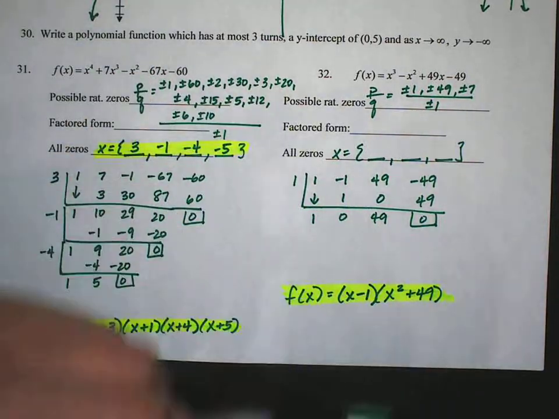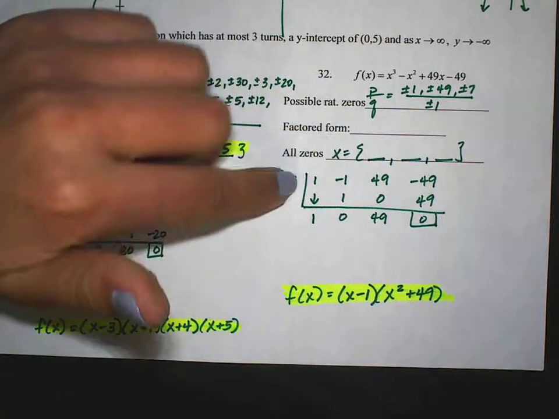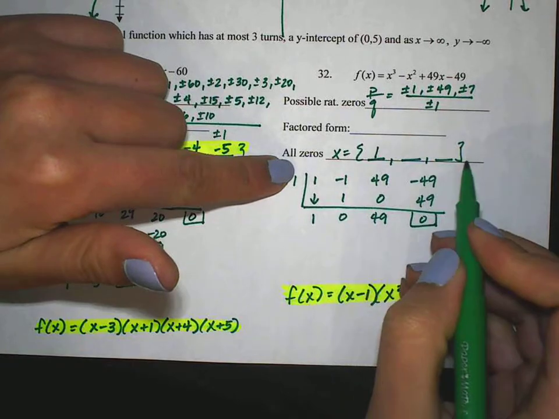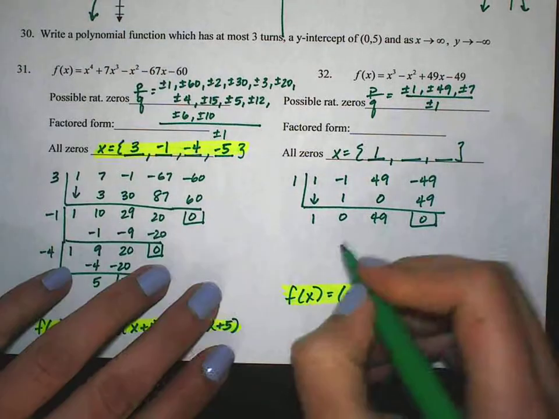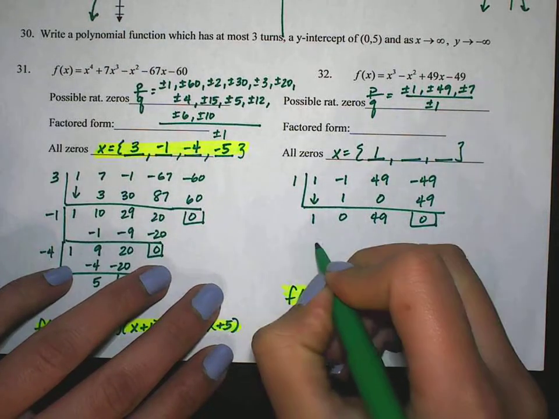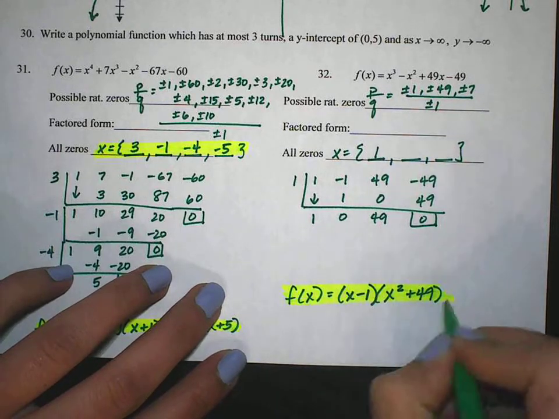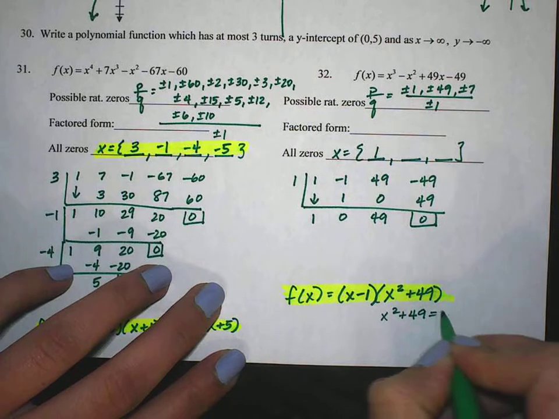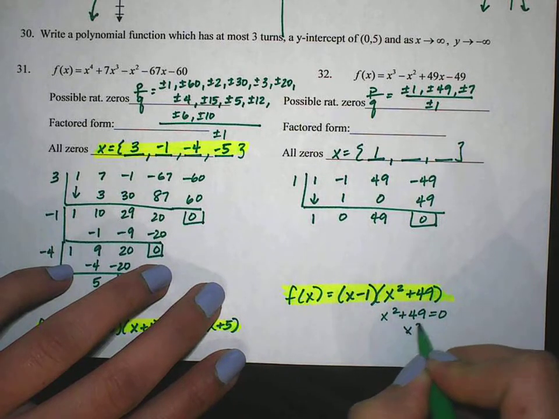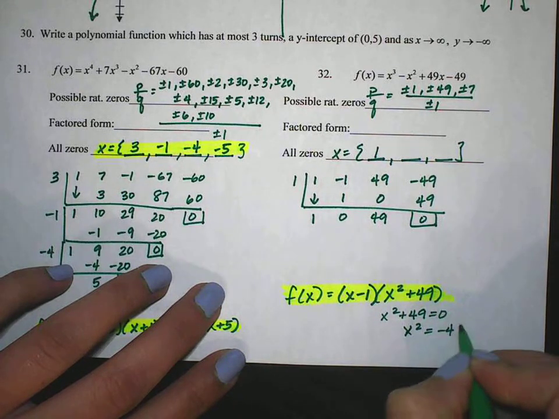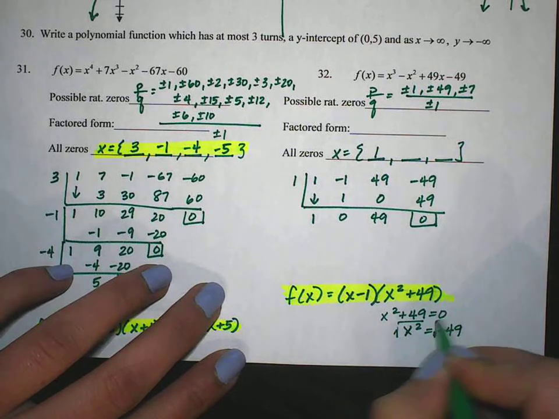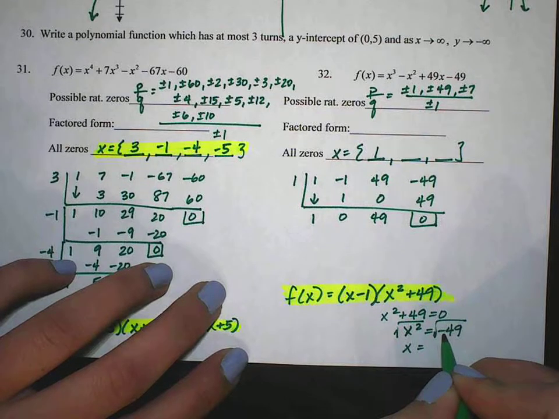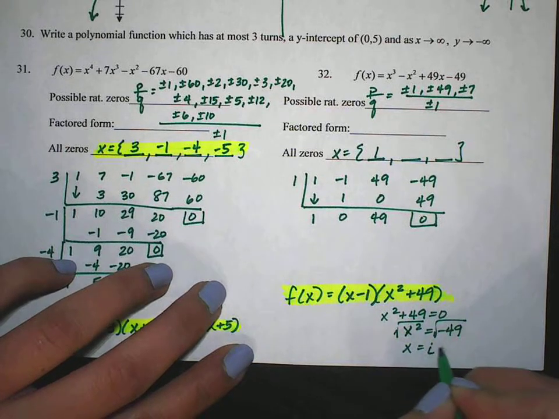Okay, and you're probably wondering, well, what are my zeros? So I used 1, and I got that 0. How am I going to get the other 2? And we said it's going to be imaginary. So let's go ahead and use this x squared plus 49. If I set that equal to 0, I'll subtract 49 on each side. Square root, square root. Okay, it's a negative on the inside, so I know I need to pull out an i.